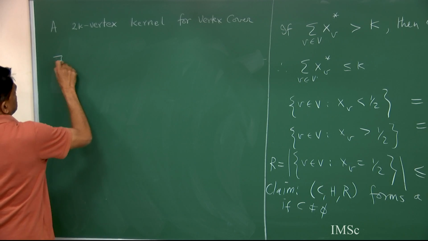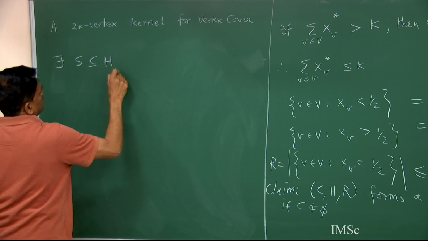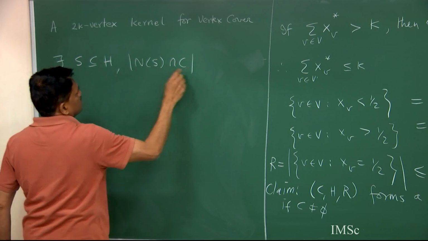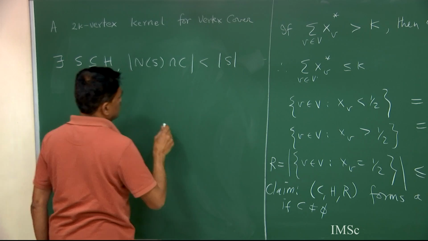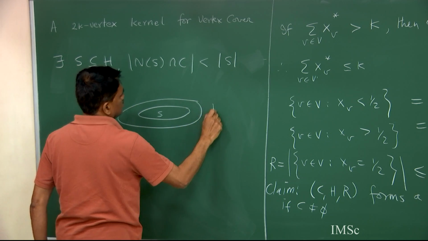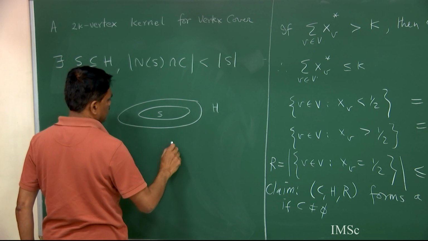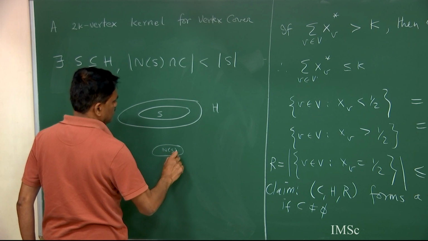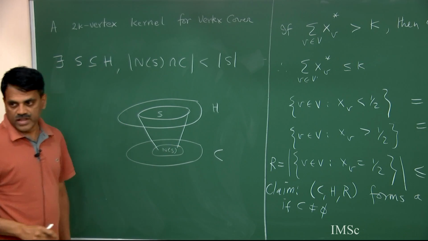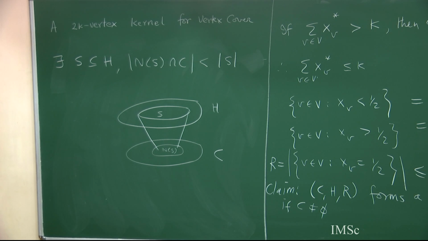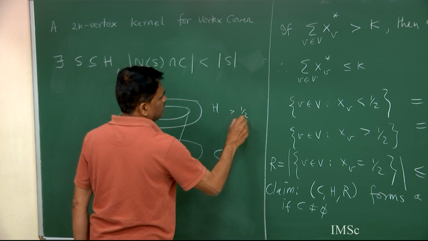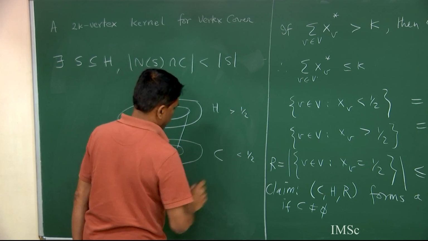There exists an S contained in H such that the neighborhood of S intersected with C is strictly less than the cardinality of S. So I have my set S here, this is my H, then I look at my neighborhood of S, this is my C, and somehow this set is smaller than that. Remember, everything here has value greater than half and everything here has value less than half.